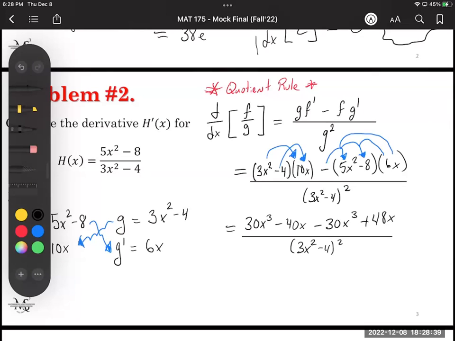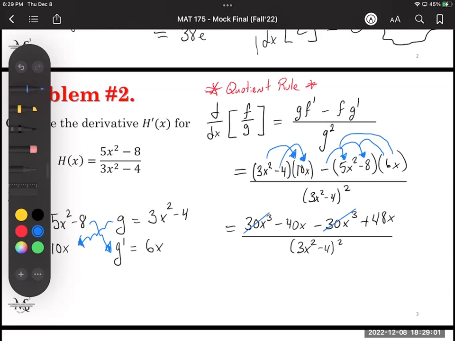Okay, so you simplify this. You just have to combine like terms in the numerator. 30x cubed, if I combine it with the negative 30x cubed, then that would be what? It will cancel out, zero. That's right. That will cancel out.